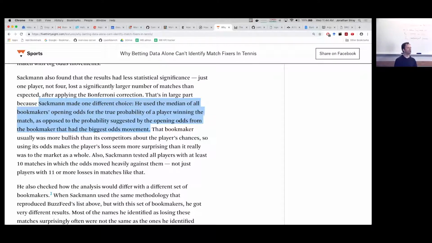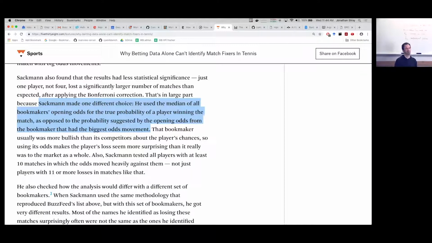Why would that be justifiable, by the way? Why would you think, maybe I should use the median of the odds rather than just the maximum of all of them? Why would you want to do that? You're trying to control for extreme values. Right, the median removes extreme values.